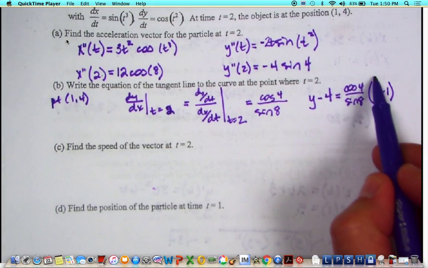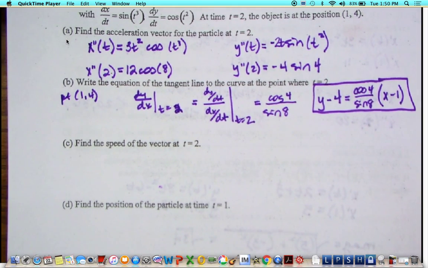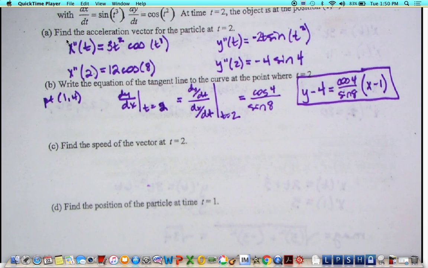And that's your equation of your tangent line. No, you can't simplify the arguments. You can't reduce those because the order of operations says you have to do the trig function first.